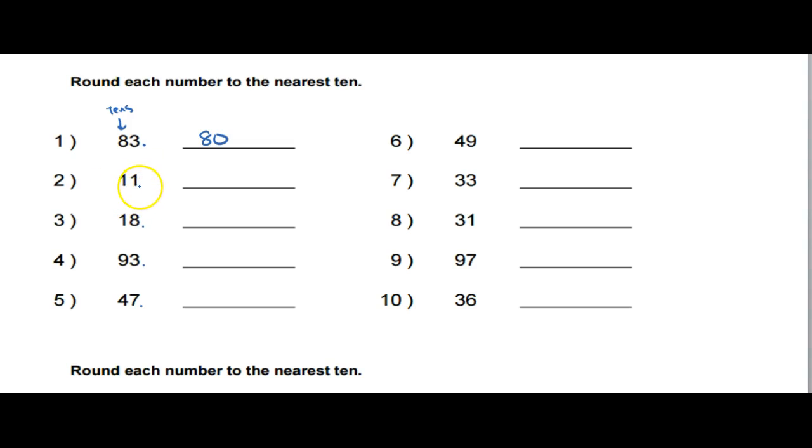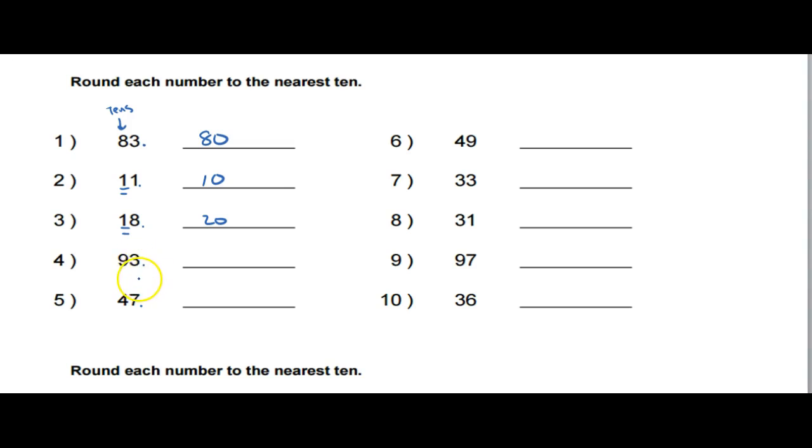For 11, I'm rounding to the nearest tens place. I look at the number, it tells me to keep it the same, and that number becomes a 0. So this rounds down to 10. 18. Round to the nearest tens, I know 8 tells me to add 1 to that, and that rounds up to 20.